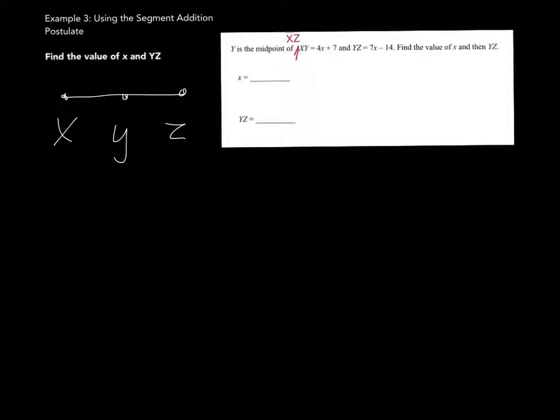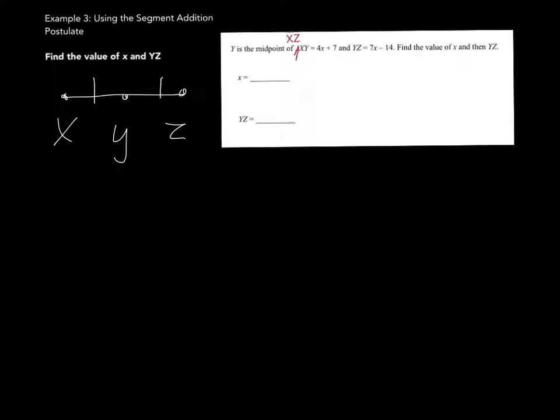The other thing we know is that XY and YZ are congruent, or in other words, they're the same length. So because we know they're the same length, we'll be able to set their lengths equal to one another. So let's go ahead again and label this diagram.